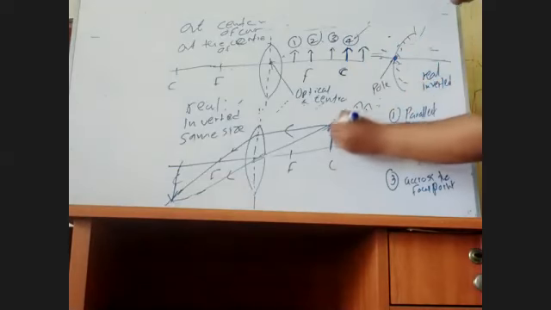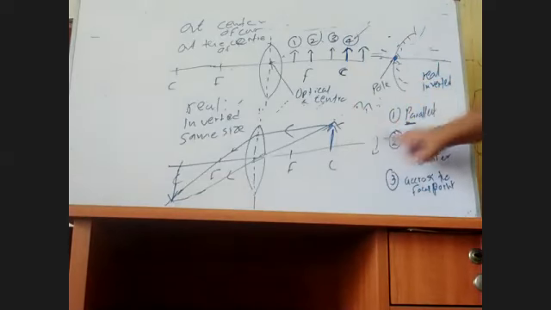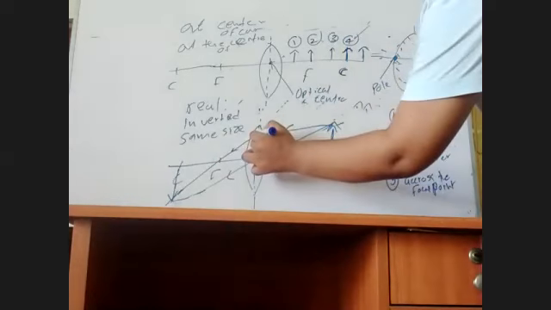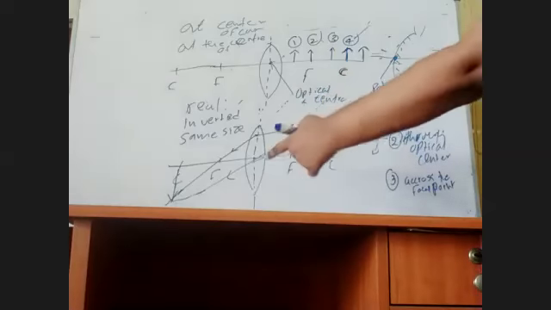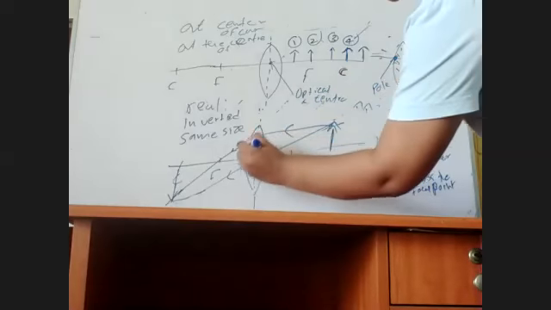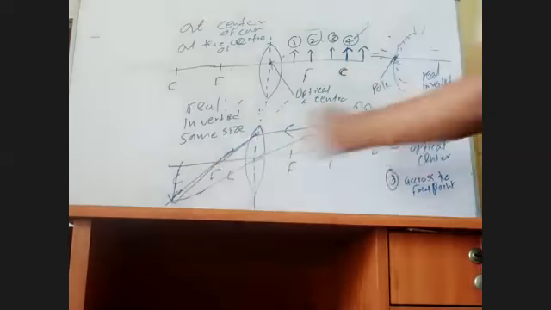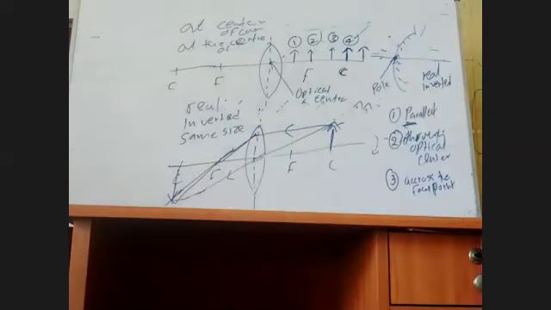So now the object is at the center of curvature. When drawing the ray diagram, first we draw a ray parallel to the principal axis. Then when a ray travels parallel to the principal axis, it will refract passing through the focal point.